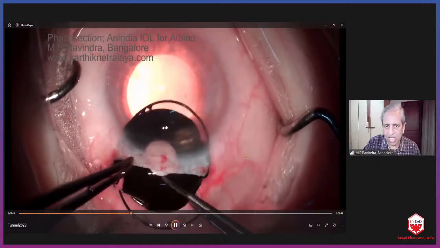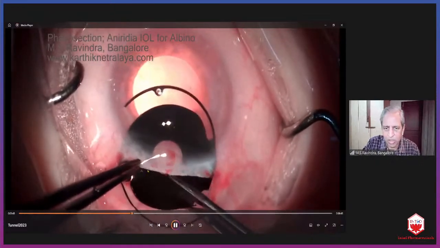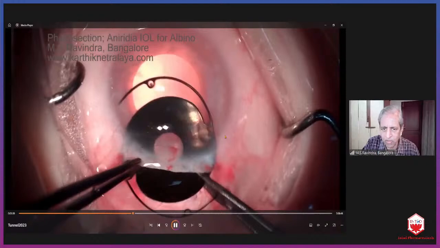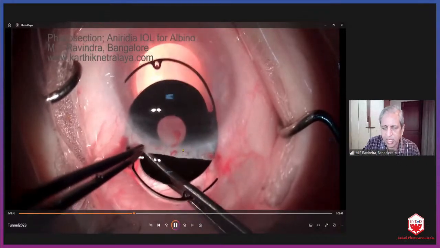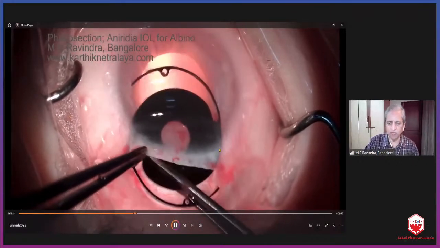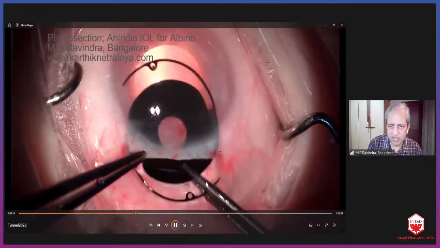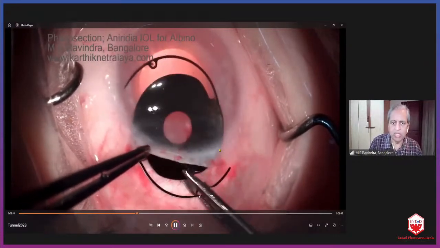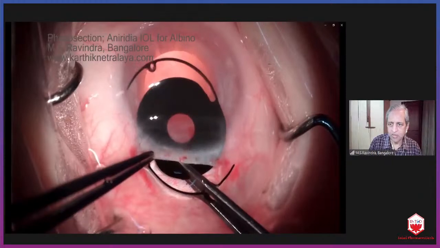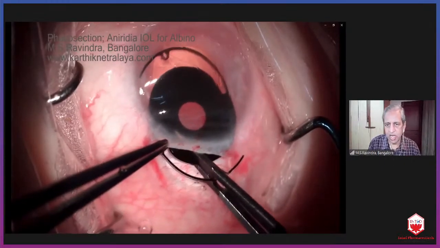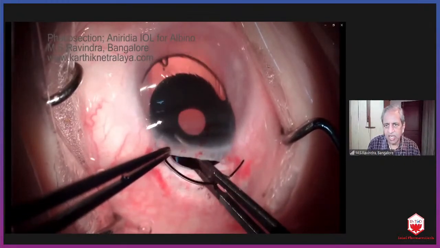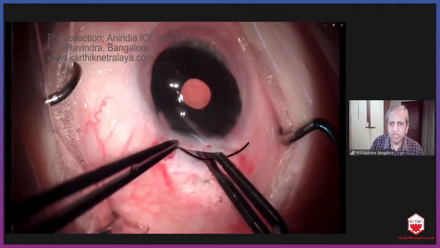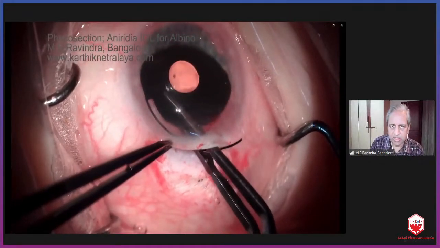You can put such a large lens. Patients are really very comfortable. The pupil size is about 2.5 millimeters. Normally, it comes at 4 or 5 millimeters, and you can customize it to 2.5 by talking to the company. And this gives excellent vision, contrast, and reduction of photophobia for albinotic patients.